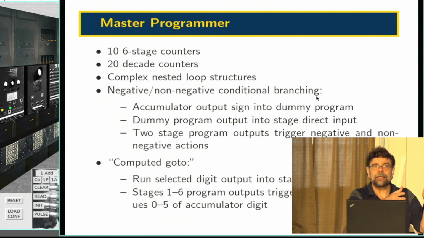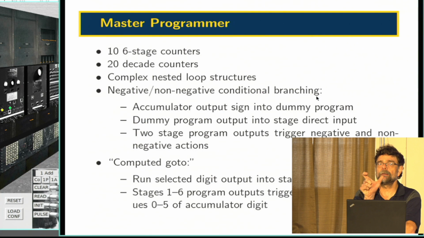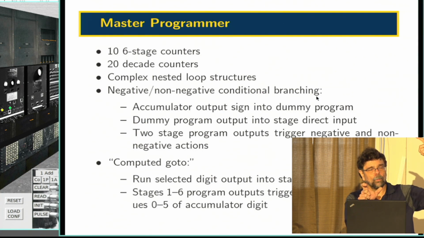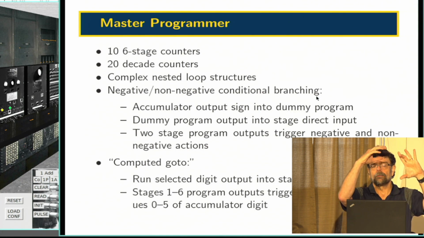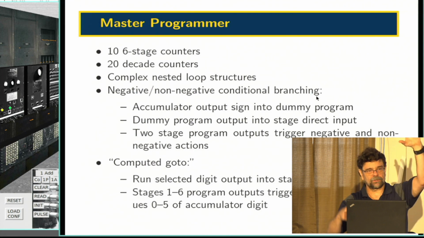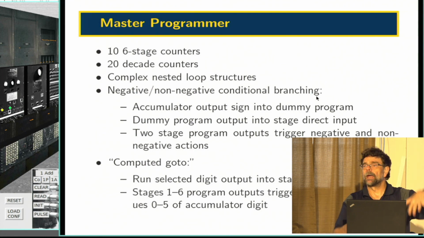So there are 10 stage counters in it. So essentially there are 10 things that once you cross a threshold, you can go to the next stage of something. So you could have a sequence of loops that are up to 6 in the sequence. And then there are 10 of those sequences that you can have.